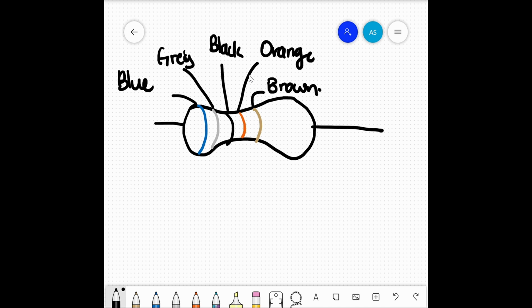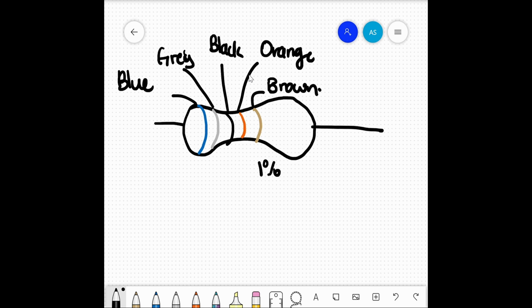Now, if you encounter a 5-banded resistor, they are usually known as precision resistors, and they often end with a brown stripe, denoting that the resistor has a tolerance of 1%. Therefore, it is known as a precision resistor. So let's figure out the resistance of this resistor right here. It has the colors blue, gray, black, orange, and brown.